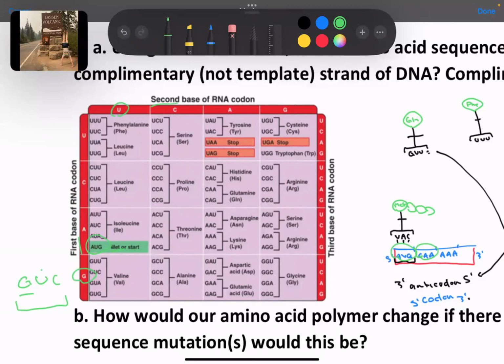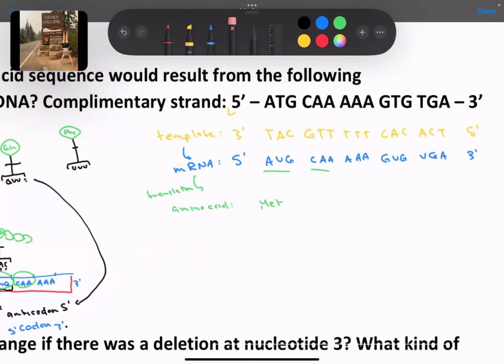So we go here and here, kind of like if we were doing a Punnett square. We connect all the dots and then we see that the third one is C. So we can look in here and find GUC. It wouldn't matter because we have valine, they're all valine, whether that's GUU, GUC, GUA, or GUG, and that'll actually be important in just a little bit.